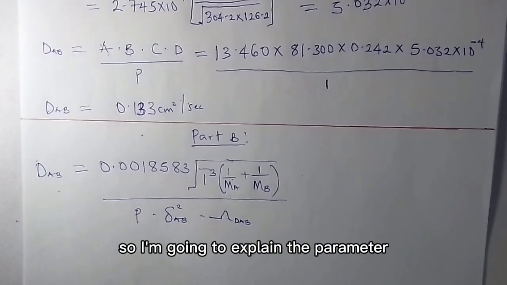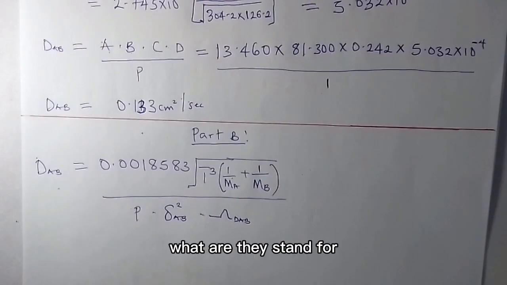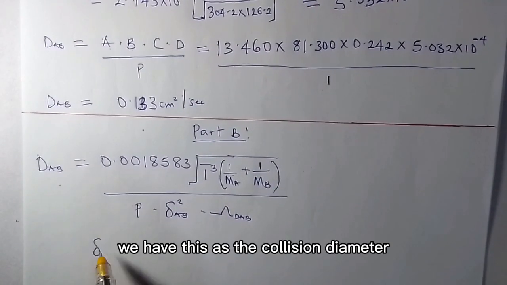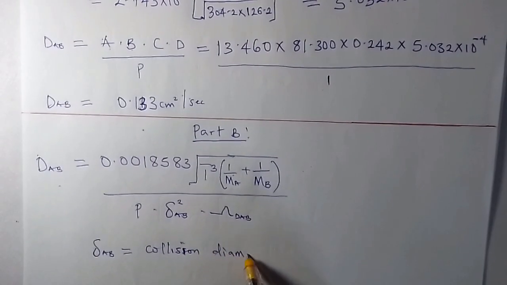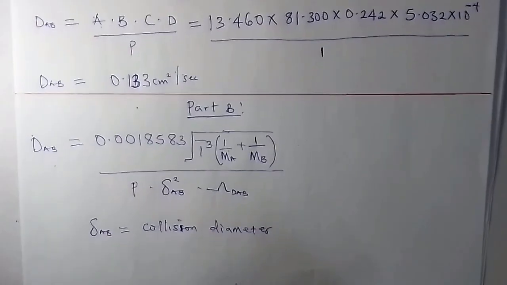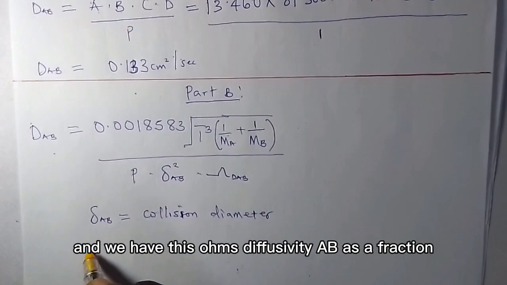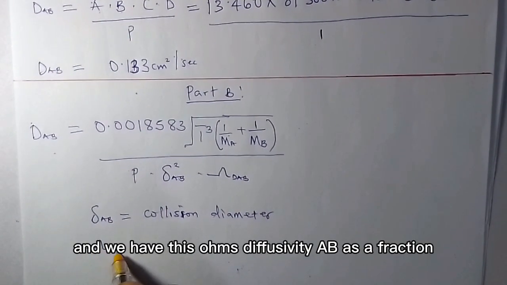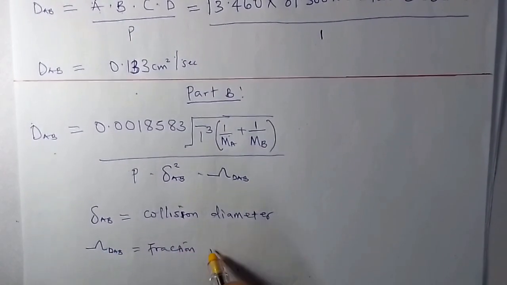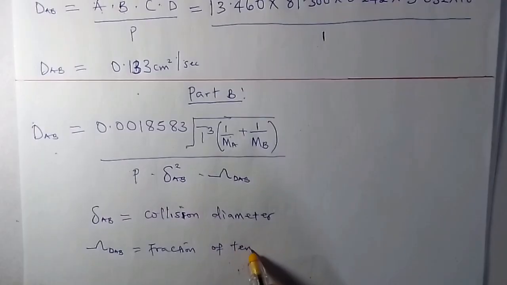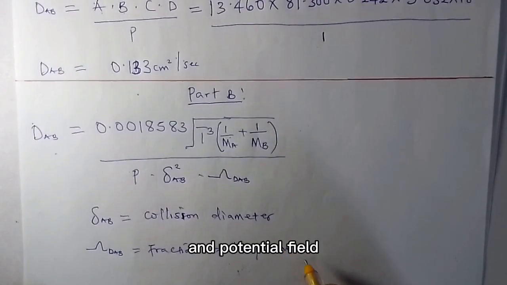So I'm going to explain the parameters. What do they stand for? We have this as the collision diameter. And we have this Omega diffusivity AB as the function of temperature and potential field.